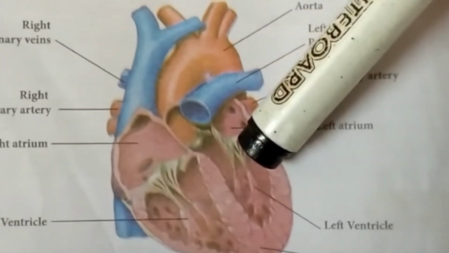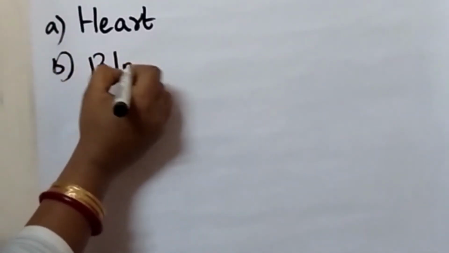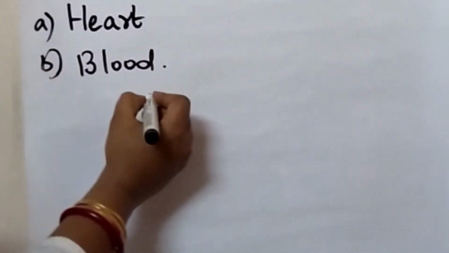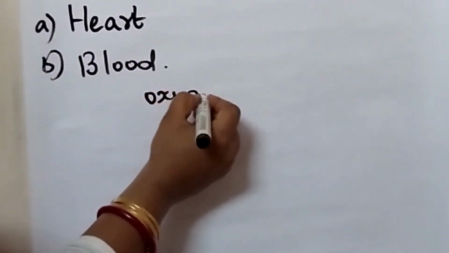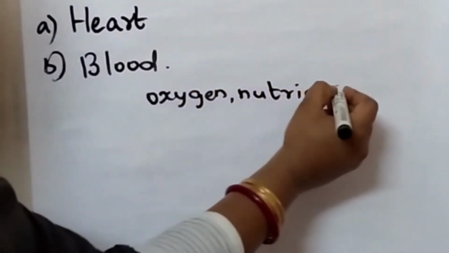Understood children? Okay. Next one is blood. See, blood transports oxygen, nutrients, hormones to all the parts of the body.